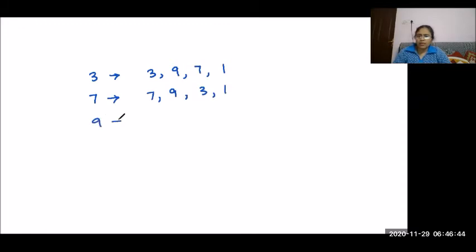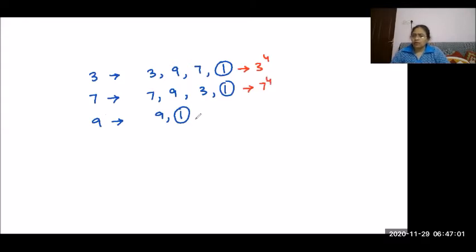And 9 is 9 and 1. Right? So you can just see where the 1 is there in the cycle. So you can just tell that 3 to the power 4 ends in 1. 7 to the power 4 ends in 1. And 9 squared ends in 1.